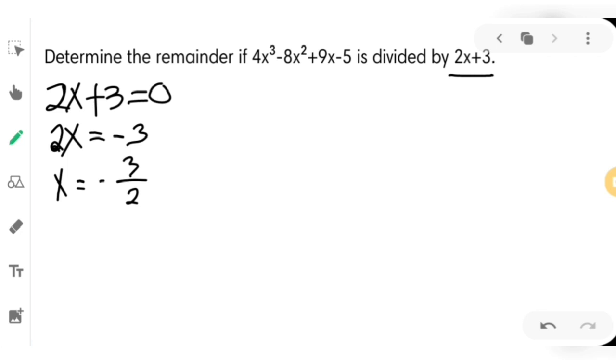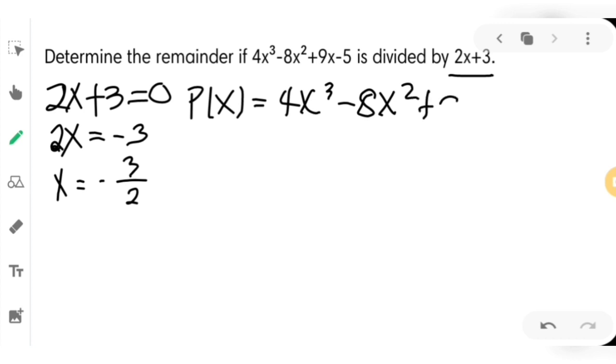So let us use now evaluation. So we have p of x is equal to 4x cubed minus 8x squared plus 9x minus 5.